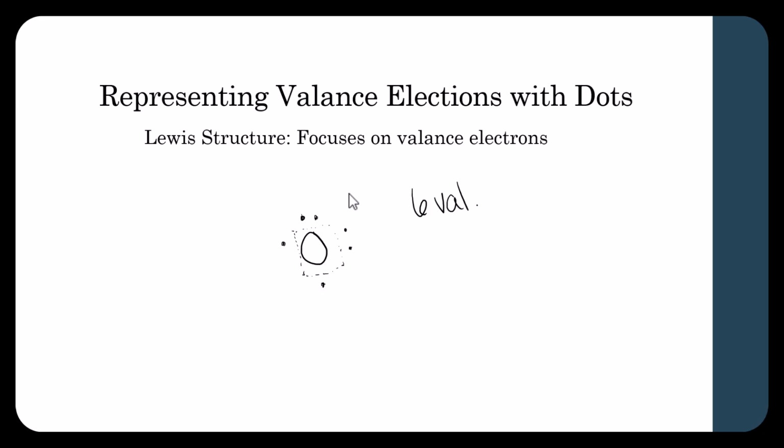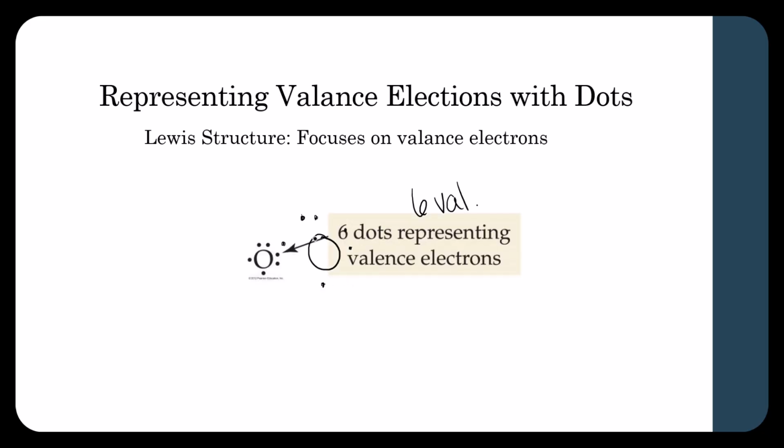It's got 6 valence electrons. We depict those valence electrons as dots, and we put dots up to 2 on each side of that imaginary box. So that's going to be how we depict Lewis structures. So here's just a representation, a little bit prettier than mine. So we have those 6 dots representing the Lewis structure.